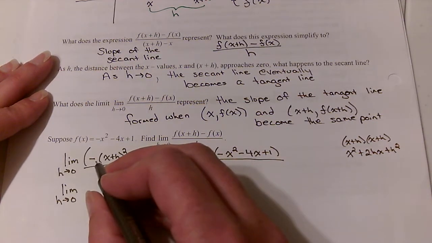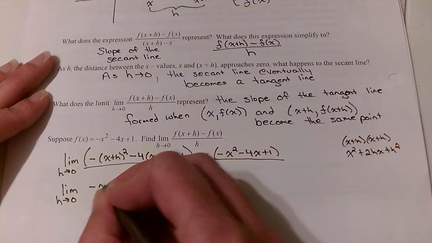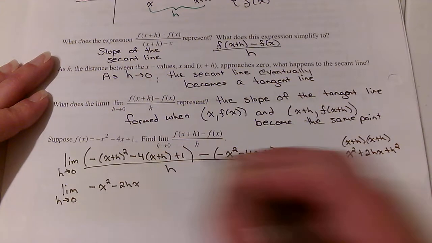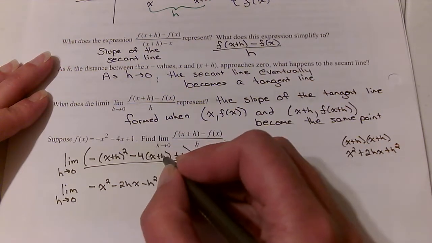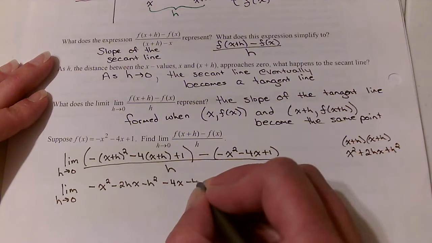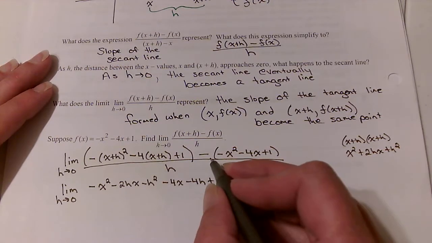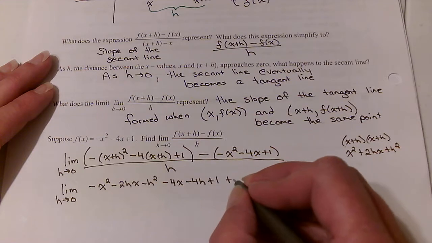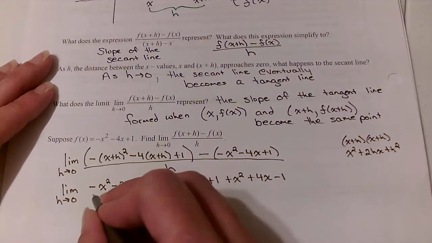And if I'm subtracting it, that would give me, let's see, negative x squared minus 2hx minus h squared. Now I need to distribute the negative 4. So negative 4x minus 4h plus 1 minus the original function. So minus negative x squared would be plus x squared plus 4x minus 1.